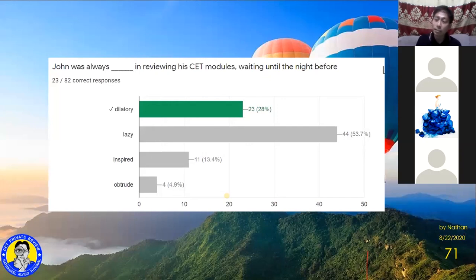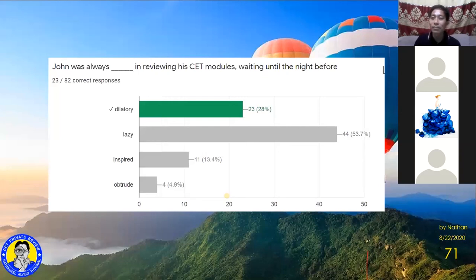"Lazy" could substitute, okay? But you could be lazy but not cramming. You're lazy today, but you're taking probably half a module every day. So you're still reviewing in a timely manner. But if you say "dilatory," you may be lazy, or you may be studious, but you do not study right before the exam. That's cramming.